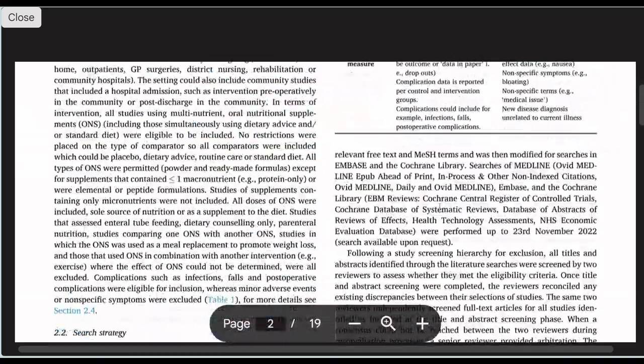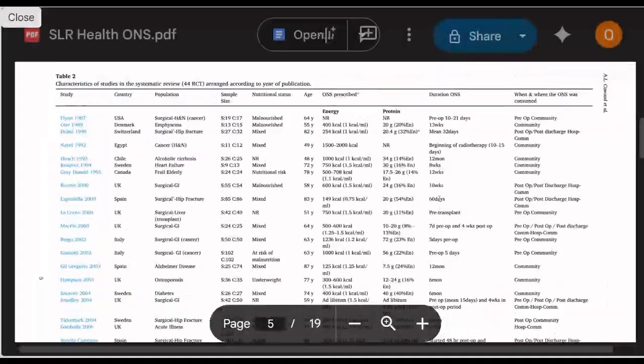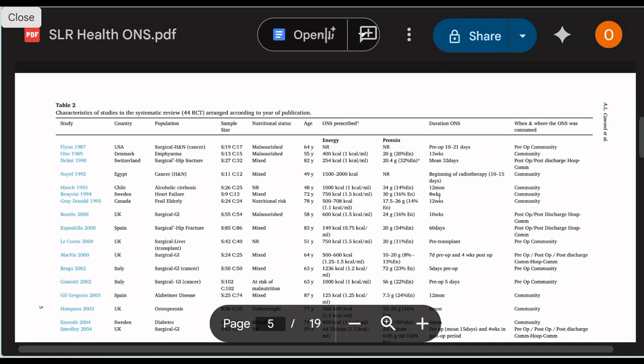Now you see that in the process of extracting the data, some of the information they extracted speaks to the question they want to answer.